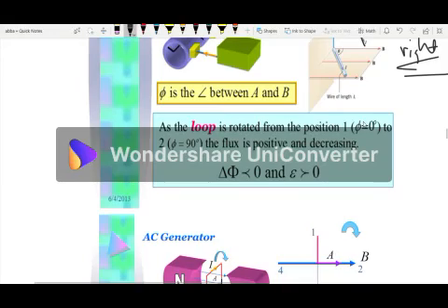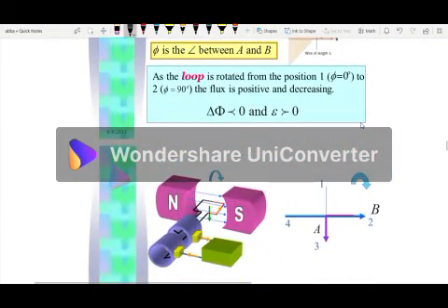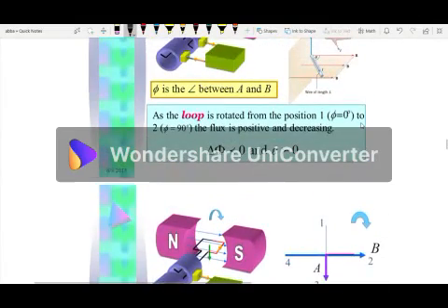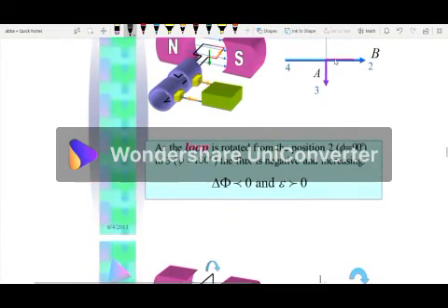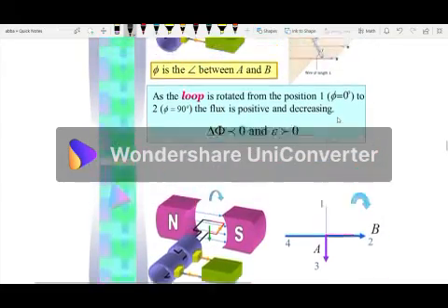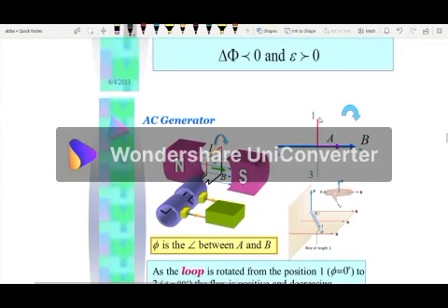If we rotate it again, to 3, it's going to be 180 degrees. So we're moving clockwise: this one is 0, then 90, then 180, and this is going to be your 270.